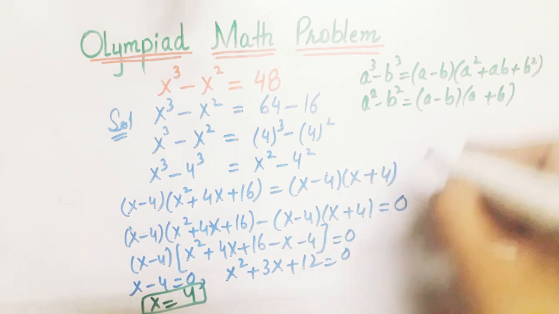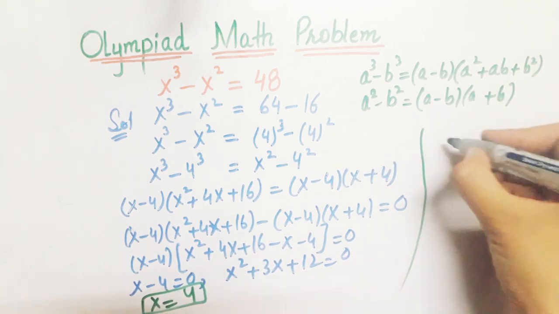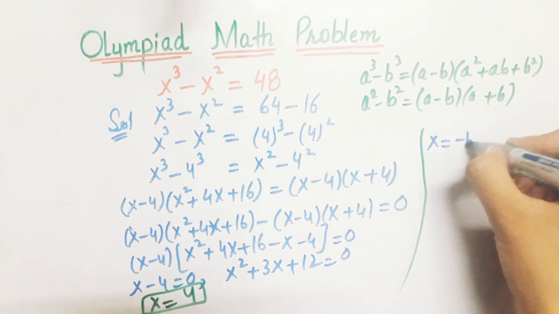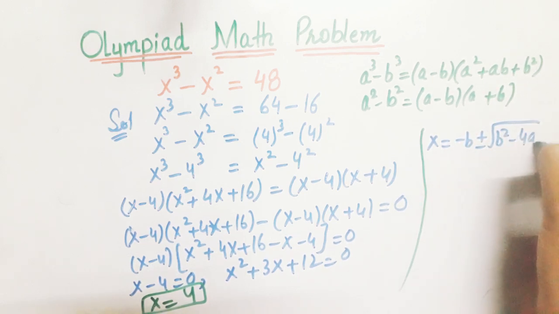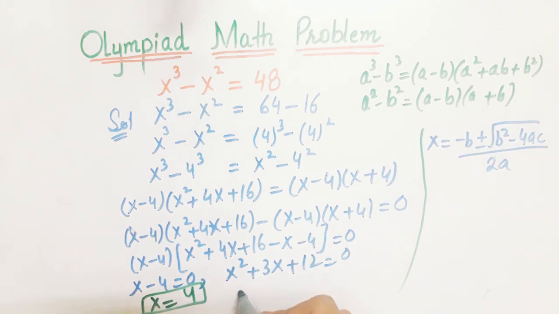Now we will find the second root. Here we apply the quadratic formula, that is x equals minus b plus minus square root of b square minus 4ac, divided by 2a. Now you can see here the value of a is 1, b is 3 and c is 12.